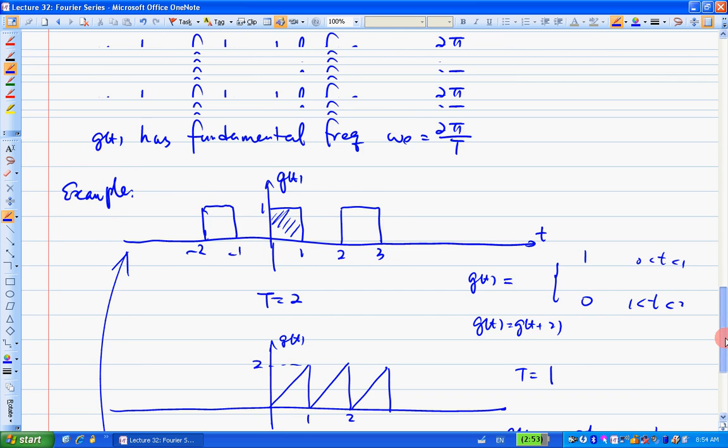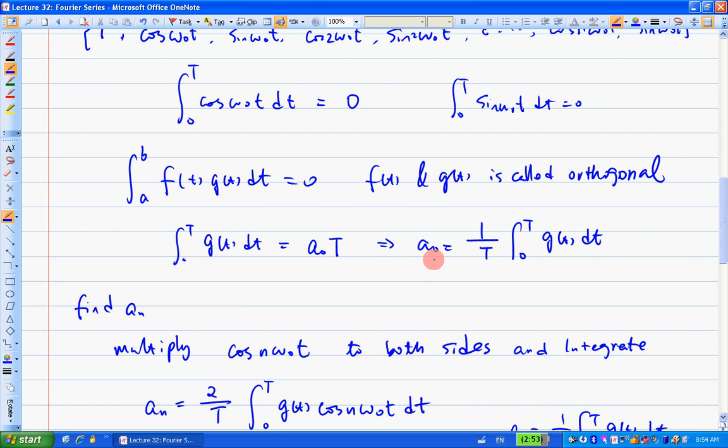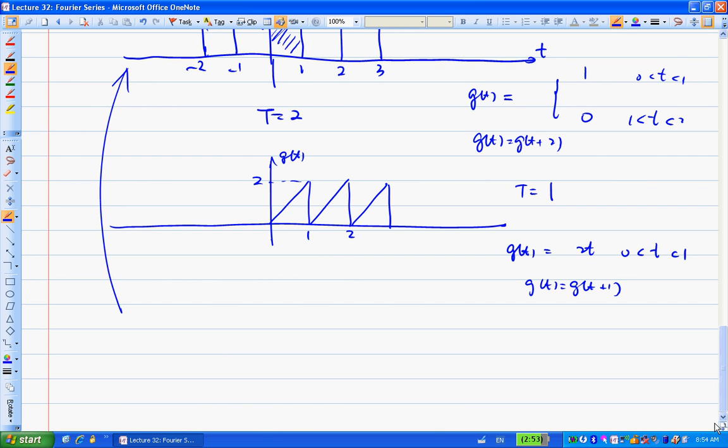According to what I just said, this A0 value is supposed to give you 1/2. However, I do need to calculate, so let's verify this idea. A0 equals 1 over T, integral from 0 to T of g of t dt. The capital T here is 2, so that's 1 over 2, integral from 0 to 2 of g of t dt.